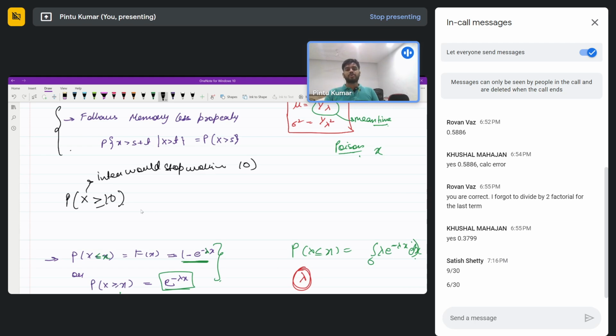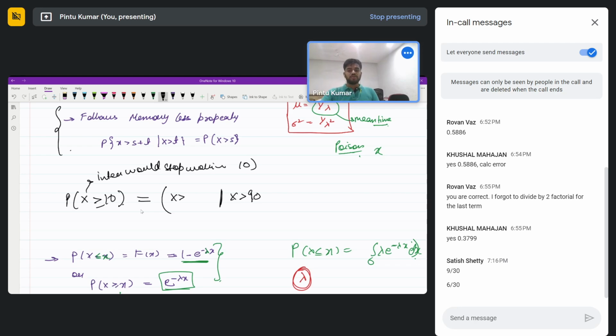Now, what the memoryless property says is that this should be equal to, let's say, now we have finished around 1.5 hours in this lecture. So given that we have already completed that, our X is already greater than 90, what is the probability that it will again stop working after 10 minutes from now?